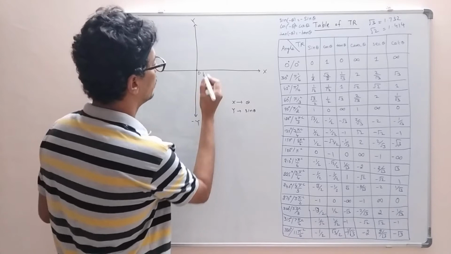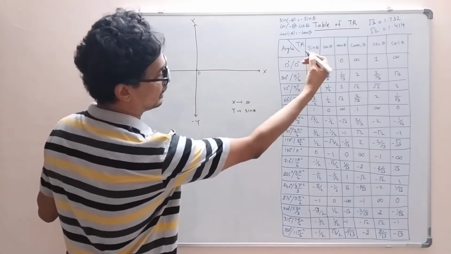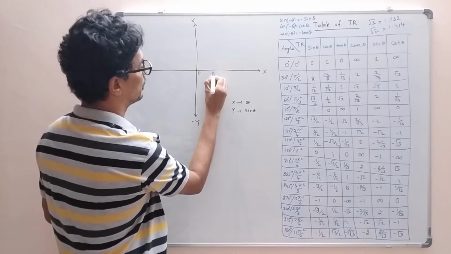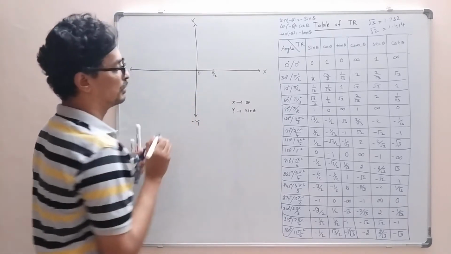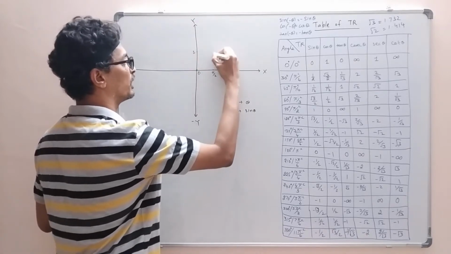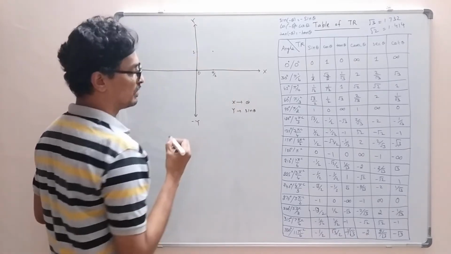And then when theta is equal to pi by 2, let me write here pi by 2. If this is 1, sine becomes 1.